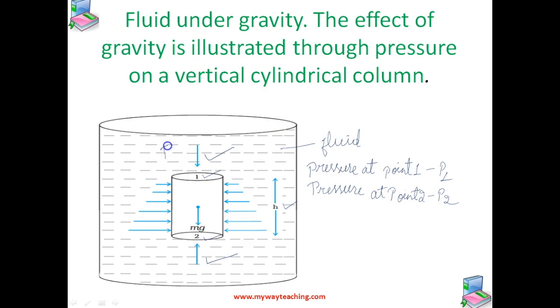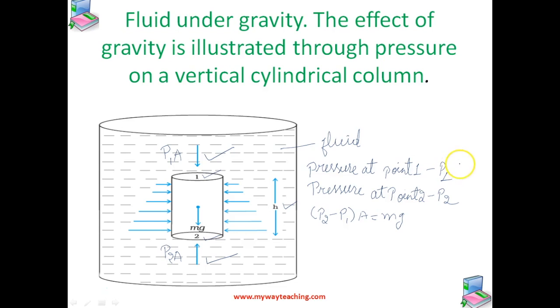If mg is the weight of the fluid in the cylinder, then we can write (P2 minus P1) times A is equal to mg.